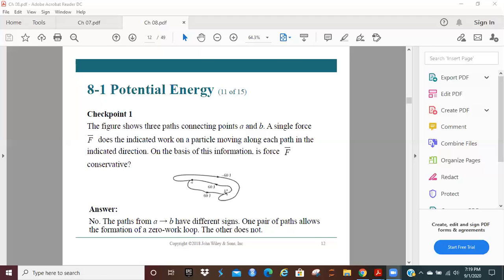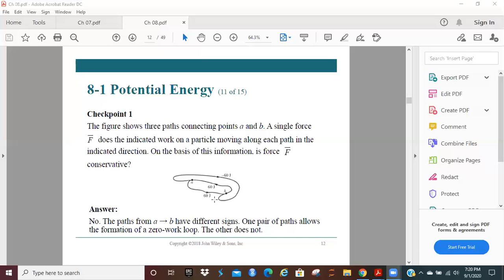So, given that, what can we say? The paths from A to B have different work. One pair of paths would show the formation of a 0 work loop, and the other doesn't. In other words, if I were to go from B to A and then back around to B again, that wouldn't cost me anything. But if I were to start at B and go this direction and then come back around this way, that's going to cost me 120 joules.